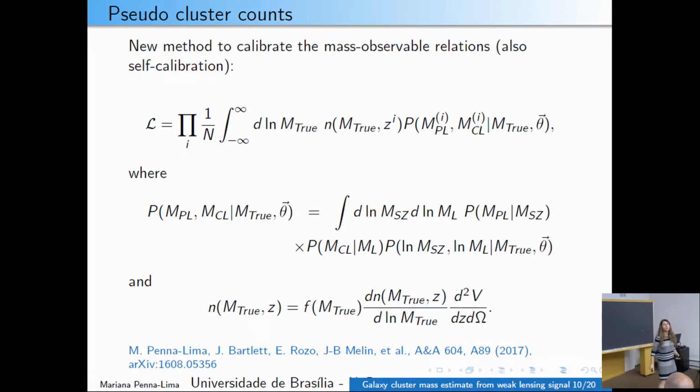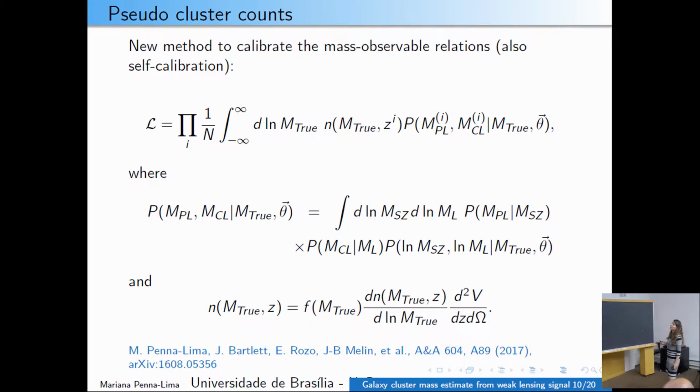So to do this, we introduced a new methodology to calibrate the mass observable relations that we called pseudo cluster counts, because normally you have the cluster counts likelihood to perform self-calibration or just galaxy cluster cosmology, and we introduced this likelihood where we build it like this: the likelihood is the product over the clusters you have in your sample divided by this normalization, which is the total number of clusters you have, and you integrate over the true mass.